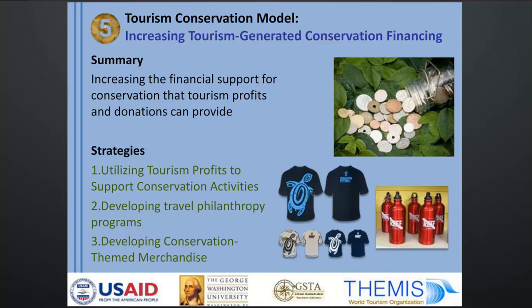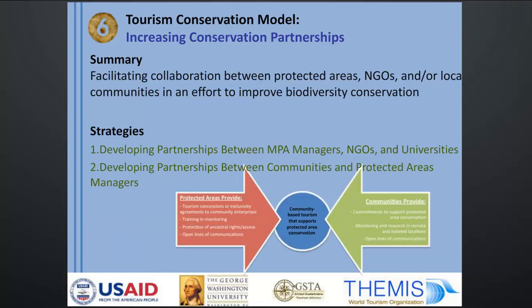So how to build a conservation brand for merchandise, how to communicate that to consumers through hang tags and marketing messages, as well as the different types of products that often appeal to visitors in that vein of conservation-themed merchandise.